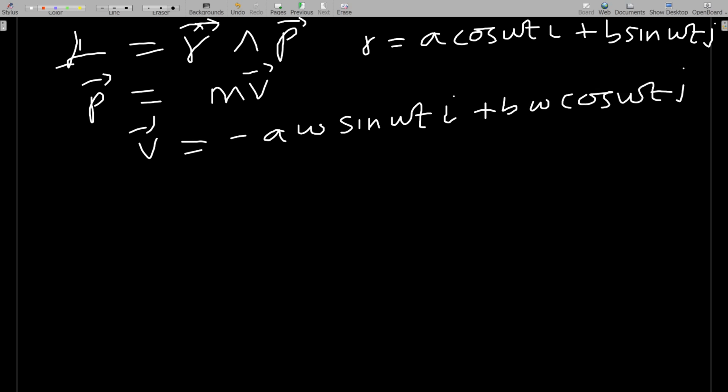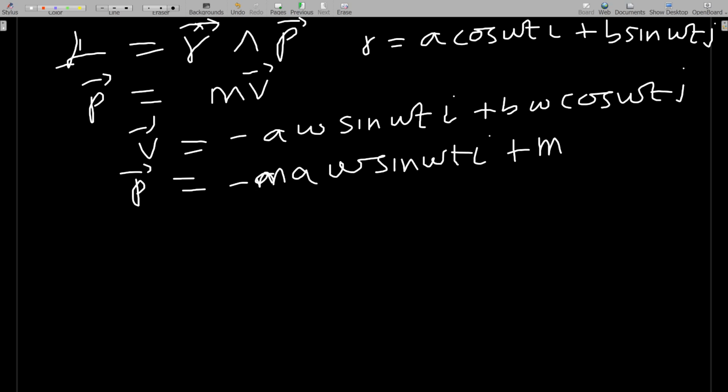That's my v, and this is my r, but my mass is still m, so my p will simply be equal to minus m a omega sine omega t i plus m b omega cos omega t j.